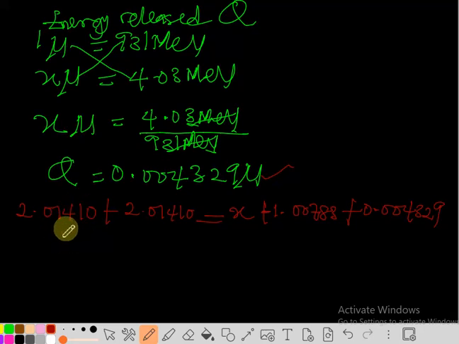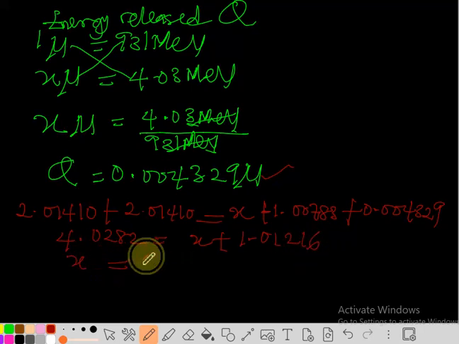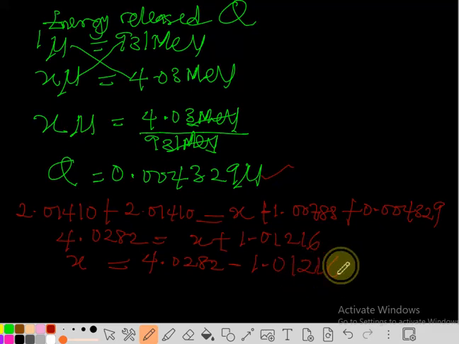Adding these two together, we have 4.0282. Then we have X plus, when you add the other two together, it gives 1.01216. Collect the like terms. X will be 4.0282 minus 1.01216.